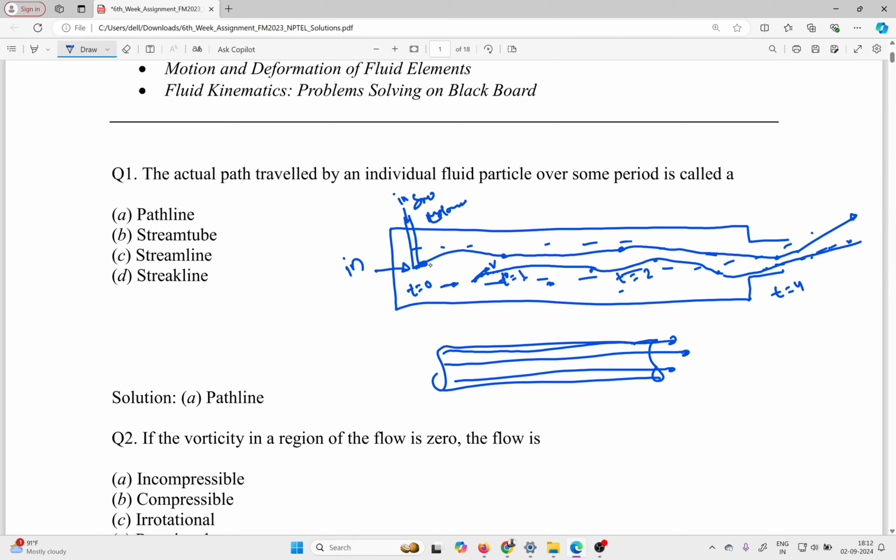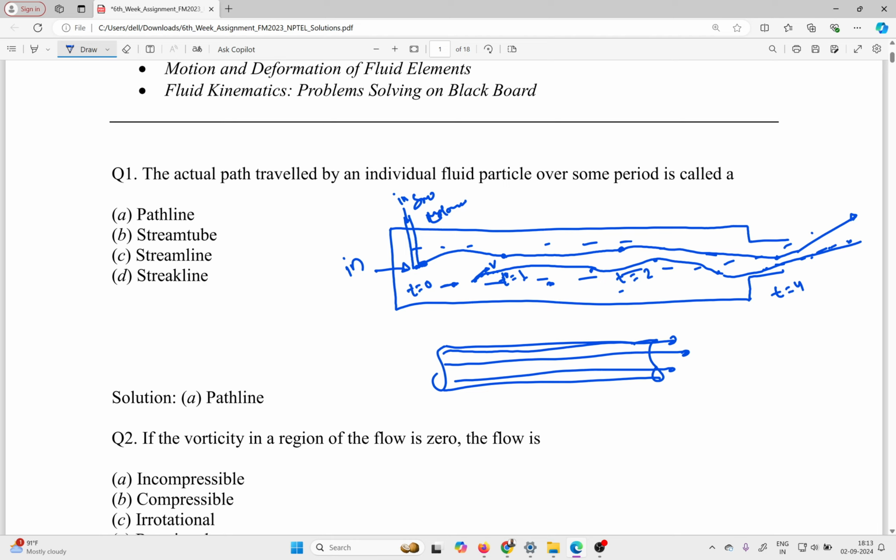Whatever colored particle you drop, how it travels in the fluid domain, the locus of that particle is known as the streak line.